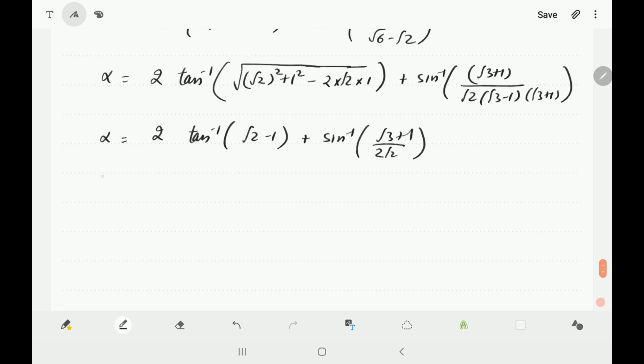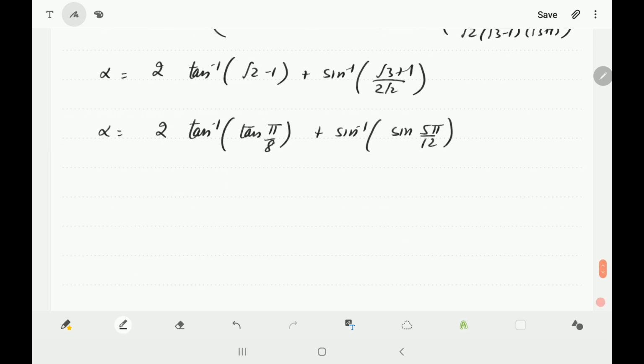Okay, so root 2 minus 1 is the value of tan pi by 8, so this will become tan inverse of tan pi by 8, and this value will become sine inverse of sine 75 degrees, so it will be sine inverse of sine 5 pi by 12. Okay, so both these values are in the principal value branch. Pi by 8 is in the interval from minus pi by 2 to pi by 2 open, and 5 pi by 12 is also in minus pi by 2 to pi by 2 closed interval.